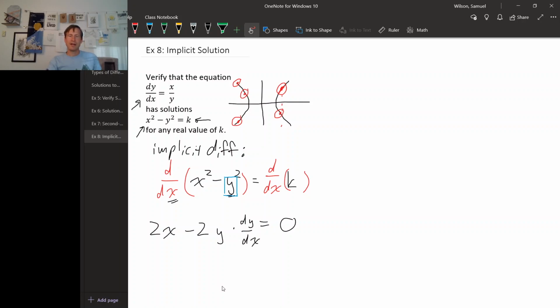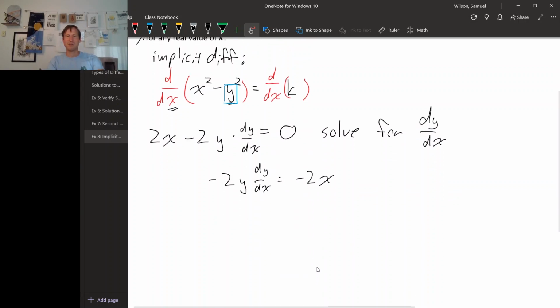Okay. And now to find dy dx, we can just solve this equation for dy dx, because that's what we were looking for to begin with. So let's see, let's move 2x to the other side. So minus 2y dy dx equals minus 2x. But now we can divide both sides by minus 2y.